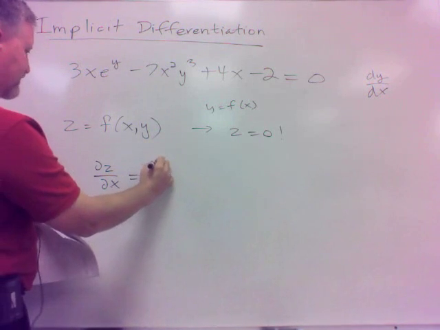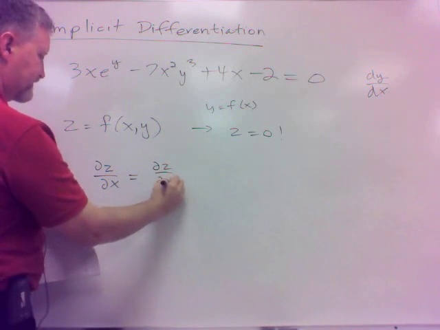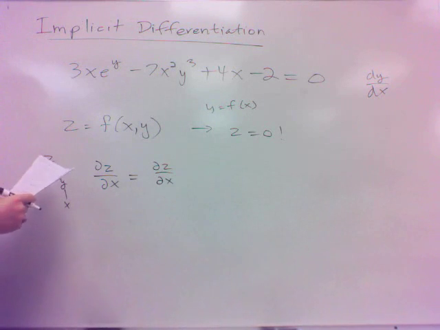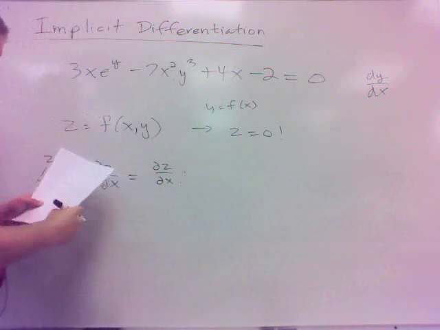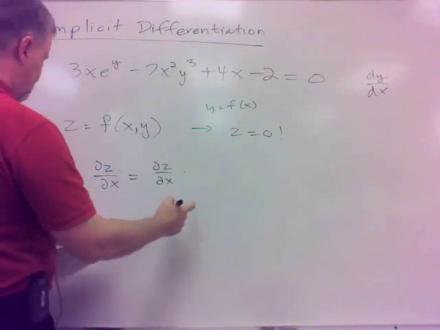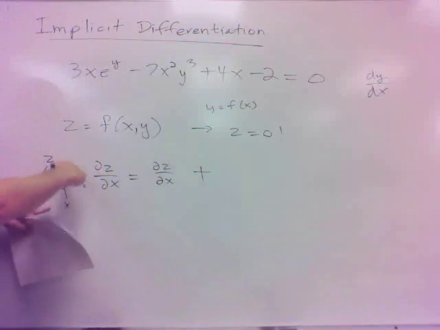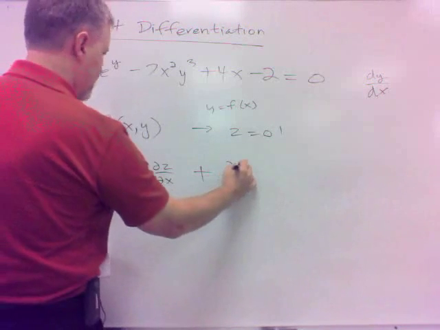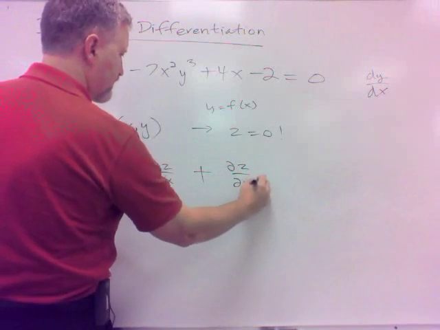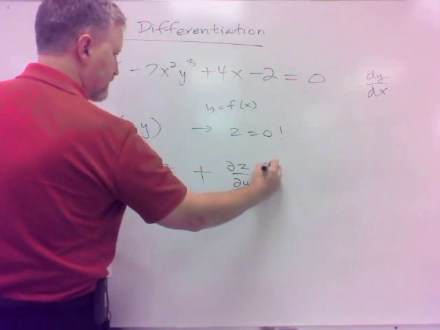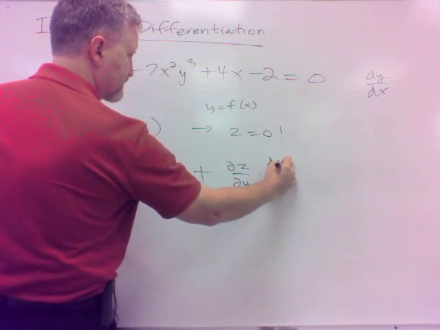So it'd be the partial of z with respect to x times dx dx, which is just 1, plus, if I go through here, the partial of z with respect to y times dy dx.